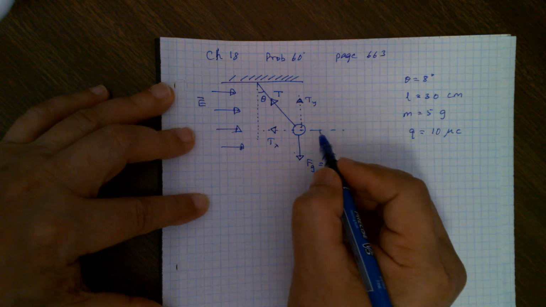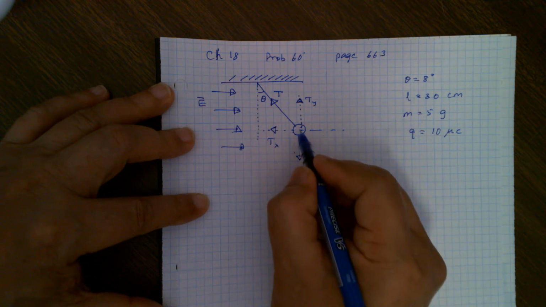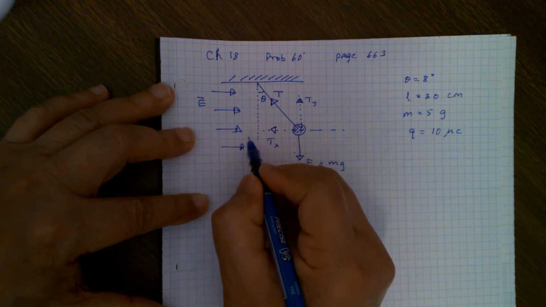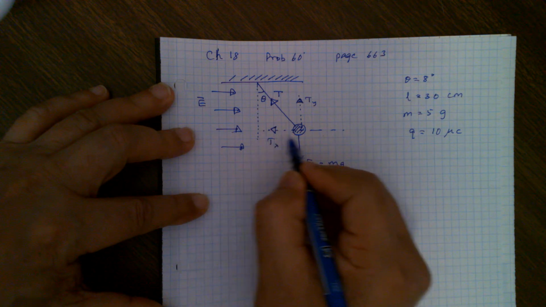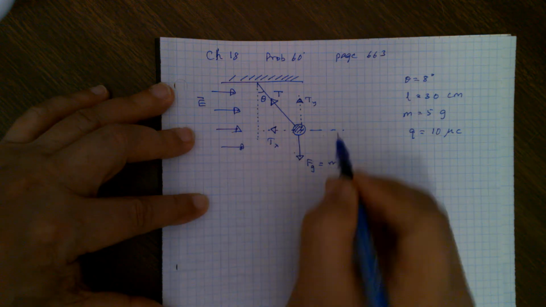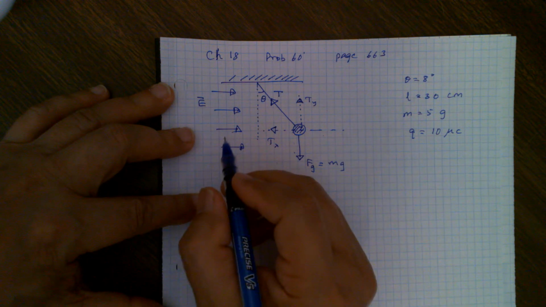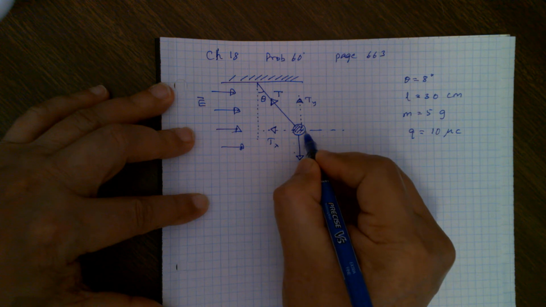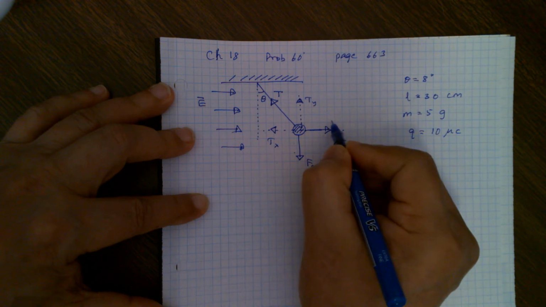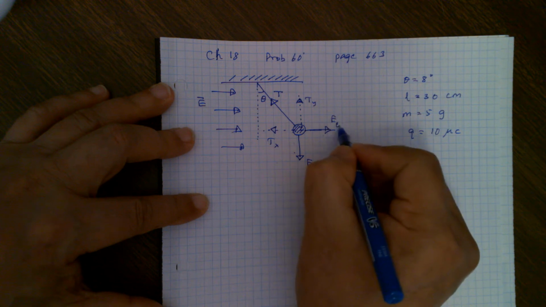Now there is one more force on this object, because this object has charge Q, and since it's hanging to the right, that means there is a force pushing it to the right, and it's coming from the electric field. That electric field is exerting a force F electric on this object.